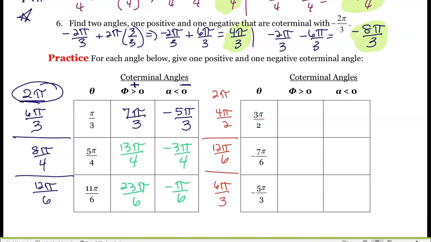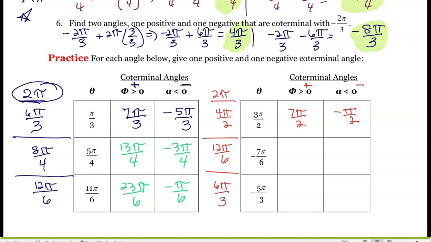Again, if you look at what I just wrote in red, you can see that everything will reduce to 2 pi. Okay, let's find the positive coterminal and the negative coterminal. If I add 4 pi over 2 and 3 pi over 2, I get 7 pi over 2. If I subtract away 4 pi over 2, I get negative pi over 2.